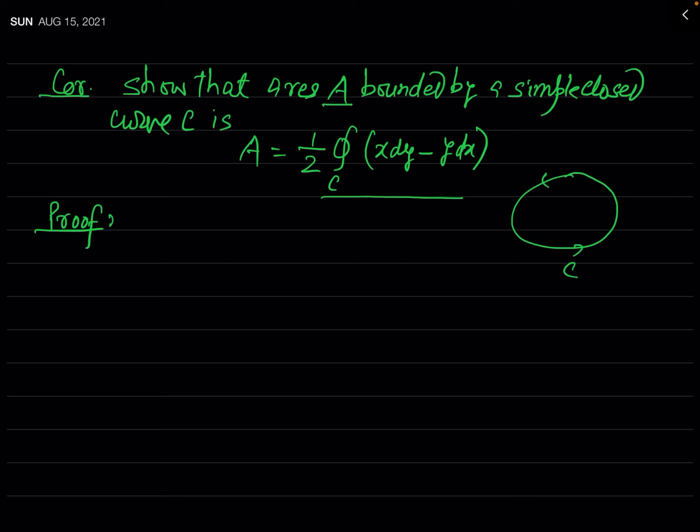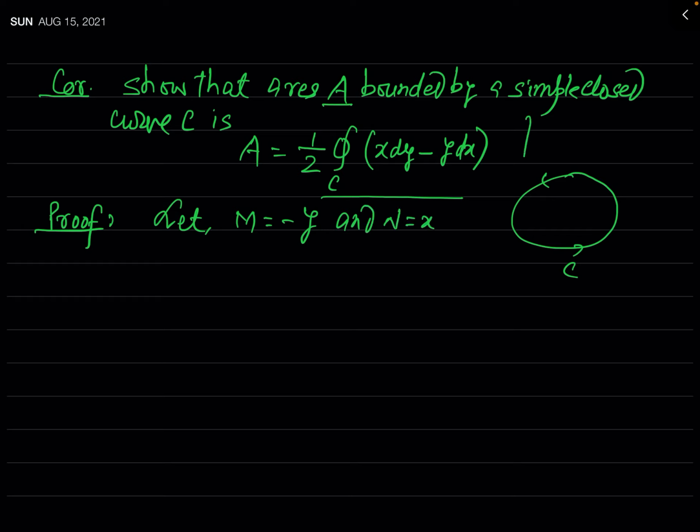For that, let us consider M dx plus N dy. In fact, here in the place of M there is minus y. So let M equal to minus y and N equal to x.